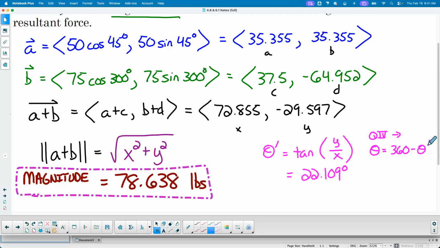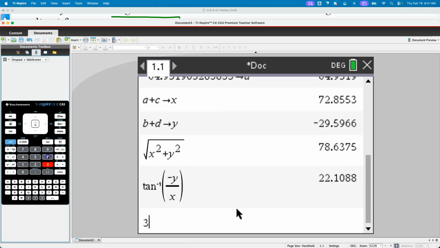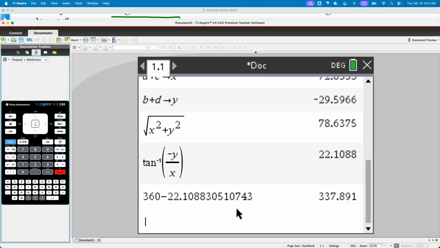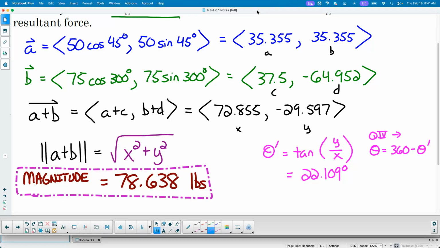On my calculator, I can go 360 minus, and the answer is control negative. So it'll subtract off that one, like the handheld basic ones do. And so I get 337.891 degrees.